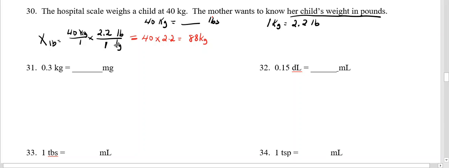Not kilograms, because I just went to pounds. So it's 88 pounds. So the child weighs 88 pounds.